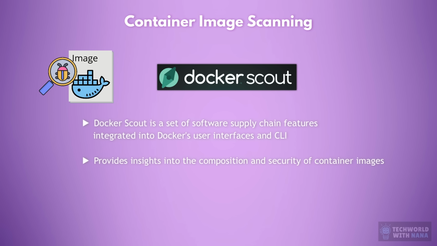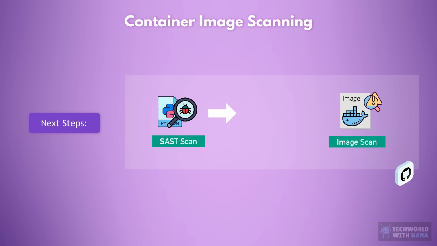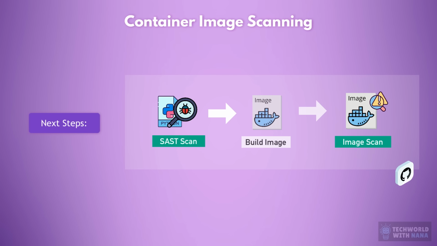And it does that actually on multiple levels. So let's add a job for Docker Scout and see how vulnerable or how secure our Docker image is. And of course, to be able to scan a Docker image, we need to first build a Docker image. So we're gonna extend our current CI pipeline to build the Docker image, and then we're gonna scan that newly built Docker image. So let's go ahead and do that.